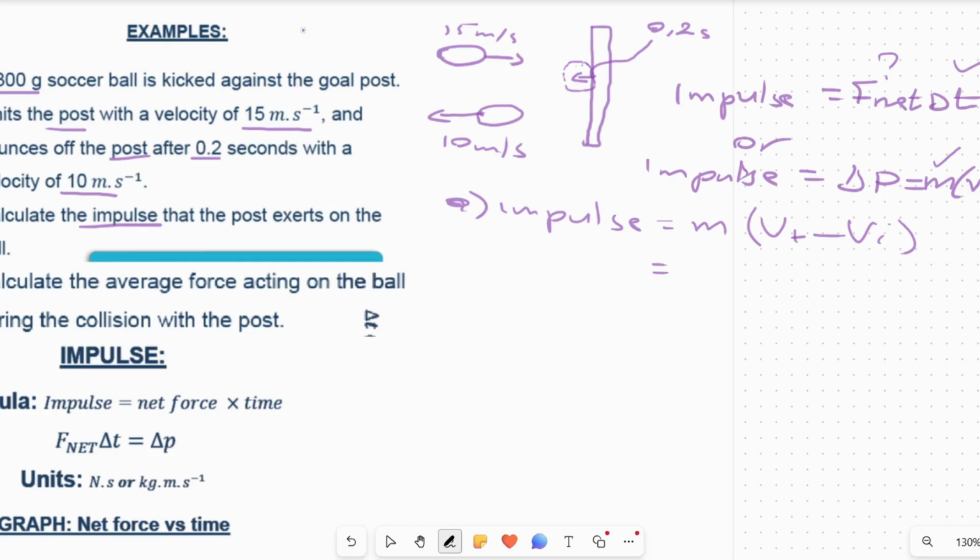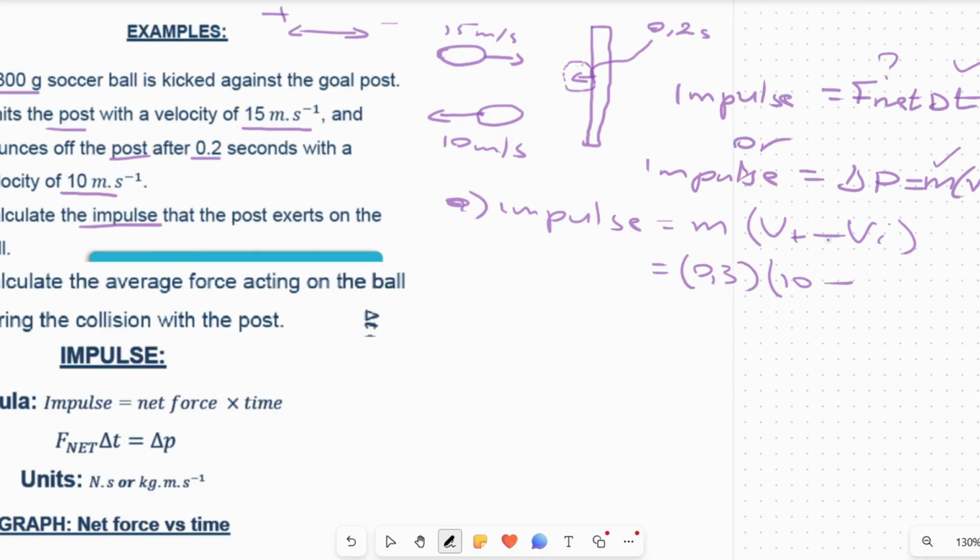I'm going to use this direction as negative and this direction as positive, so I'm just changing my sign direction here. The mass of the soccer ball is 300 grams, which must be converted to kilograms by dividing by 1000. This is going to be 0.3. The final velocity is going to be positive 10 because it's going in that direction.